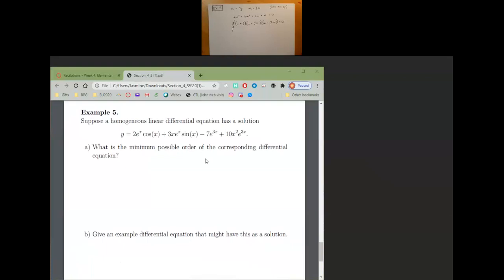Why is it not a 7th order then? Aha! Exactly. Yeah, because if you have a cosine with just a constant, you already have a sine, but the constant drops out, so you don't have it there.